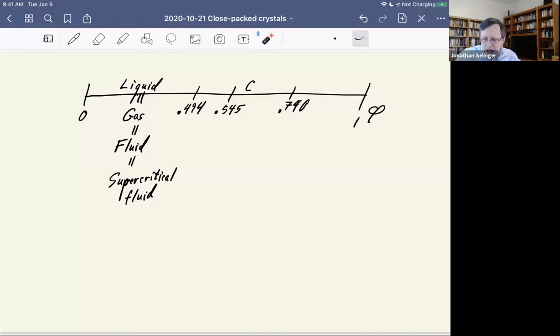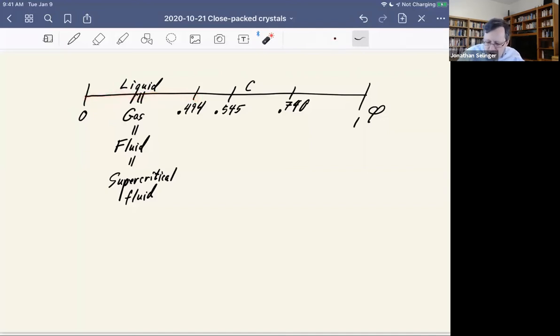And so you are absolutely correct that these are all correct descriptions of what's happening in that phase, and that fluid would be a nice general word to use. We could use any of these words. Excellent point. All right, what was I saying? Oh, yes. So this phase, whatever we call it, is what occurs in a range of volume fraction from 0 to 0.494.